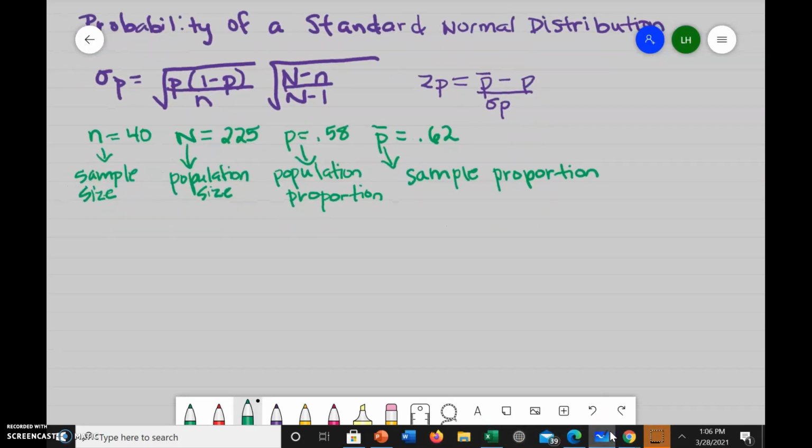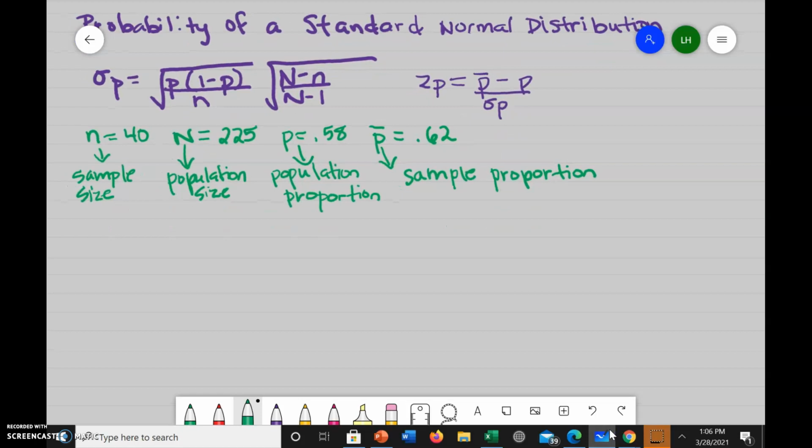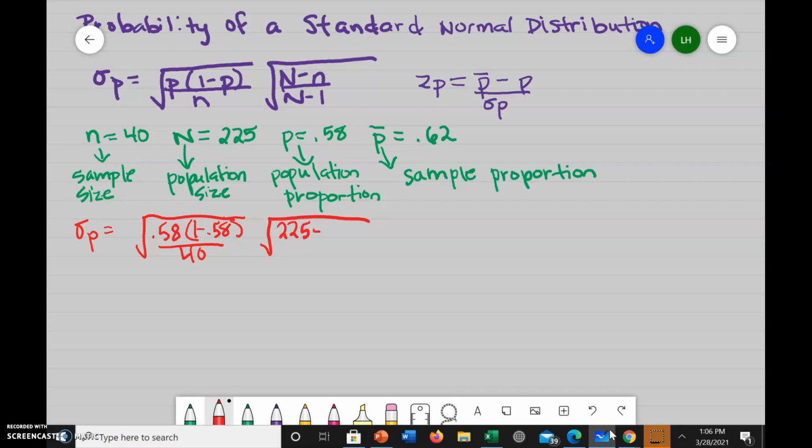So now we can calculate the standard error of a proportion. All we're going to do is plug in. p is 0.58 times 1 minus p, so 1 minus 0.58, over n, which is 40. And then times the population size minus the sample size over the population size minus 1.